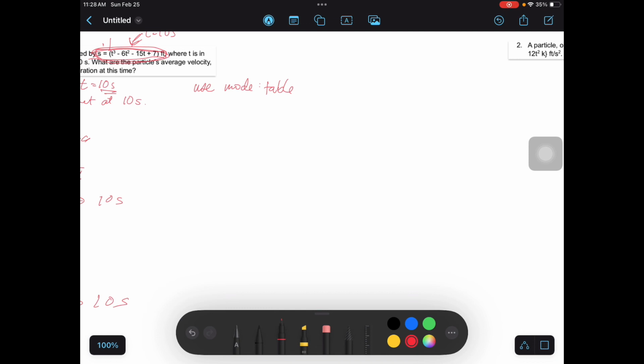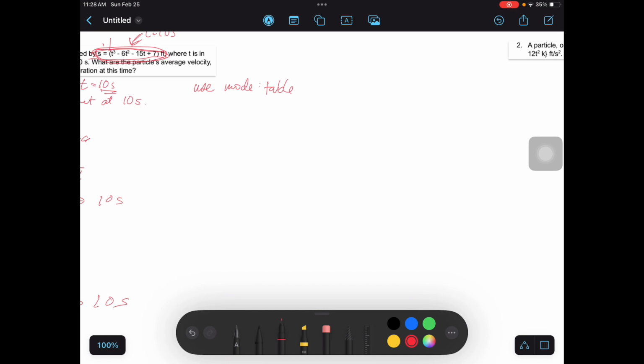So, let's use that table. I-input natin yung function: t cubed minus 6t squared minus 15t plus 7. And then, start evaluation sa 0, end evaluation sa 10, step is 1 second.